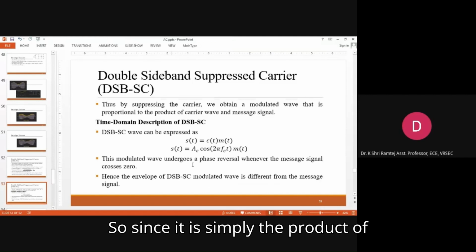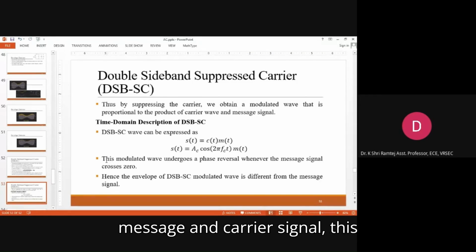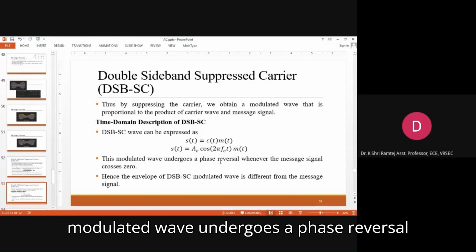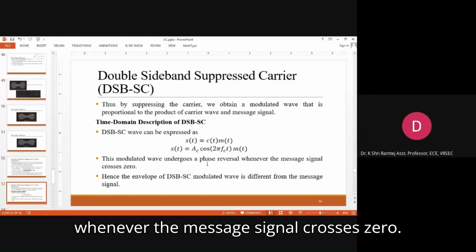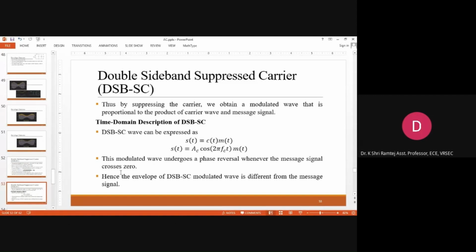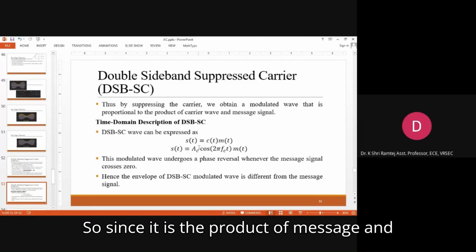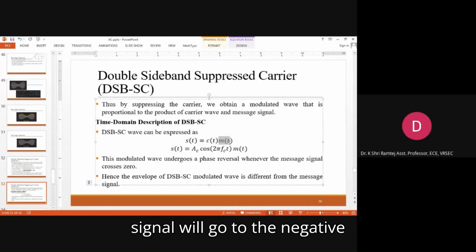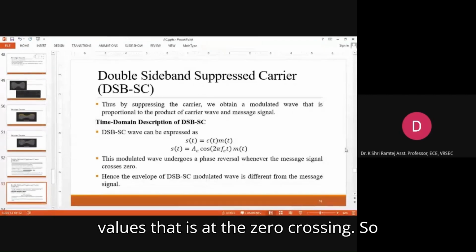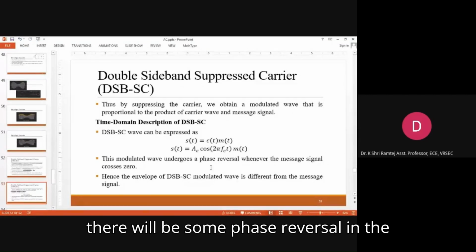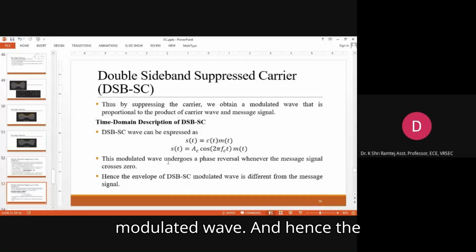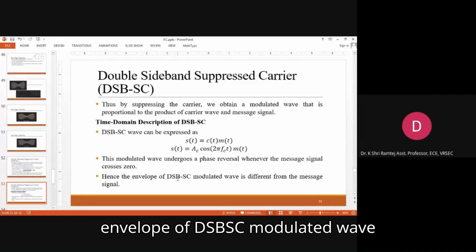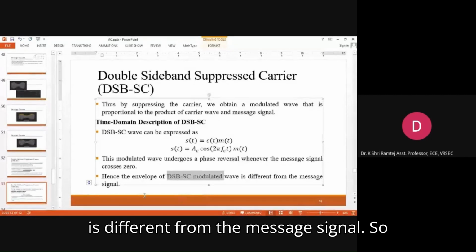Since it is simply the product of message and carrier signal, this modulated wave undergoes a phase reversal whenever the message signal crosses 0. Whenever the message signal goes to negative values, that is at the 0 crossing, there will be a phase reversal in the modulated wave, and hence the envelope of the DSB-SC modulated wave is different from the message signal.